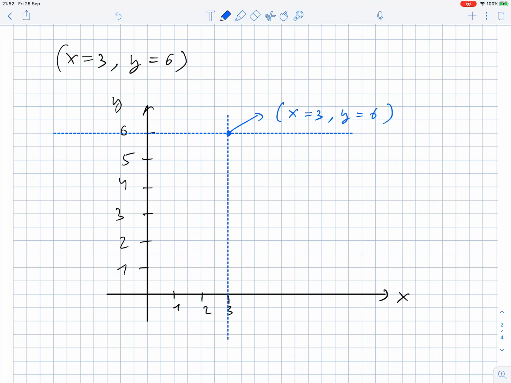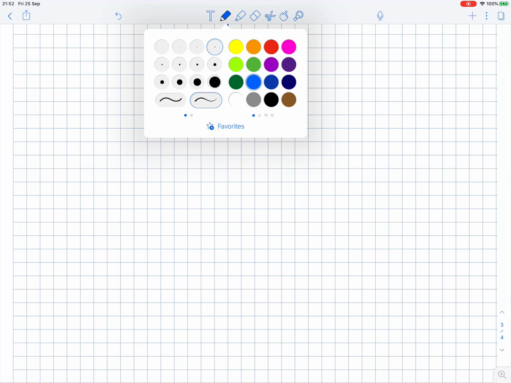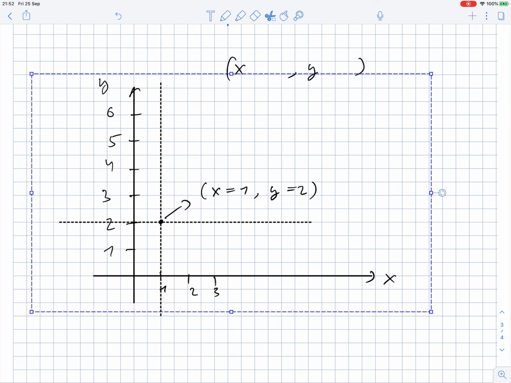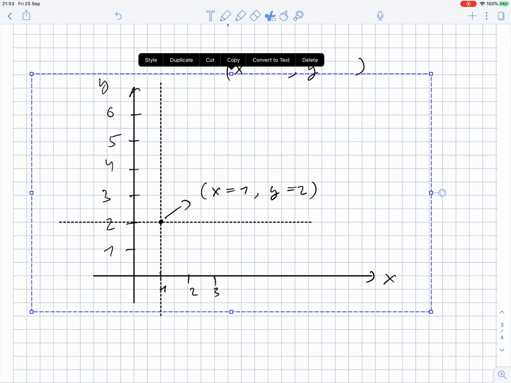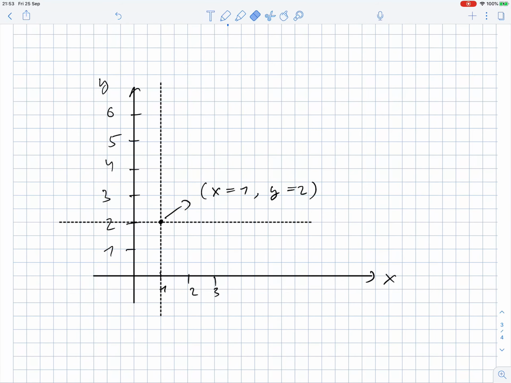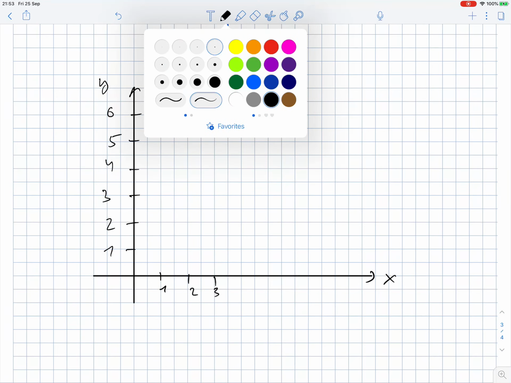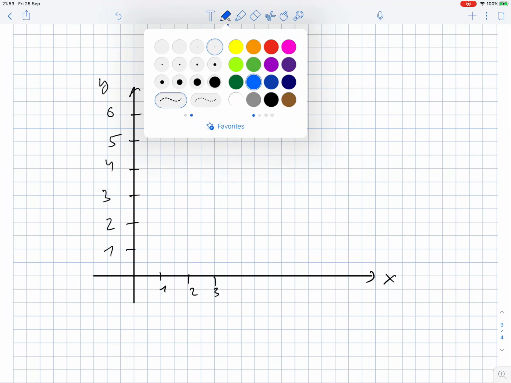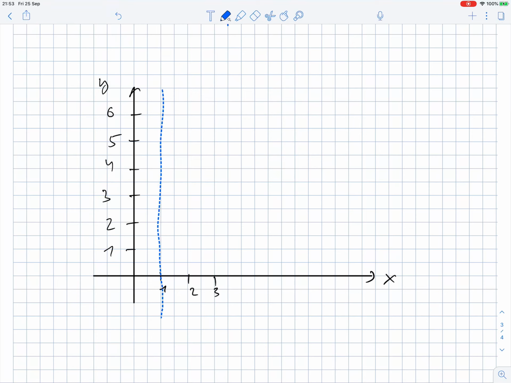Okay, now I want to draw all those points in one x and y system. The first point was x equals 1 and y equals 2.